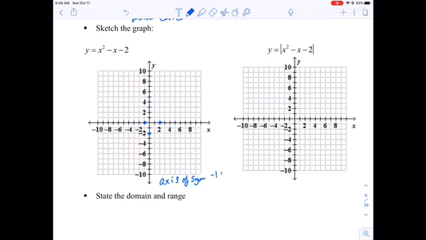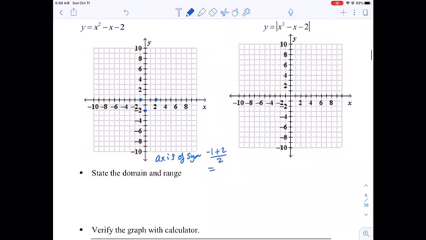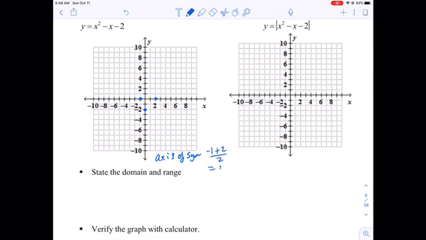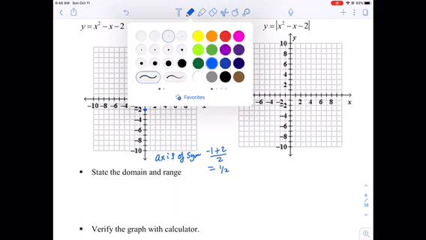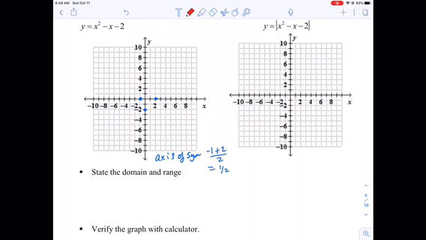So if I take negative 1 plus 2 and divide by 2, that's going to be a positive 1/2. So I know that my axis of symmetry is along the line x equals 1/2.